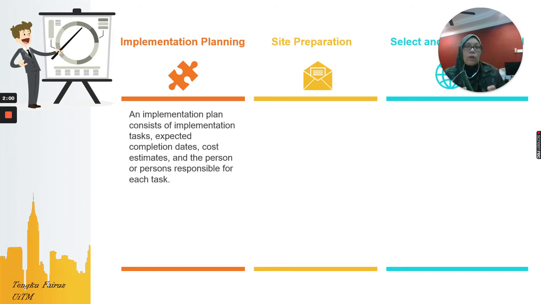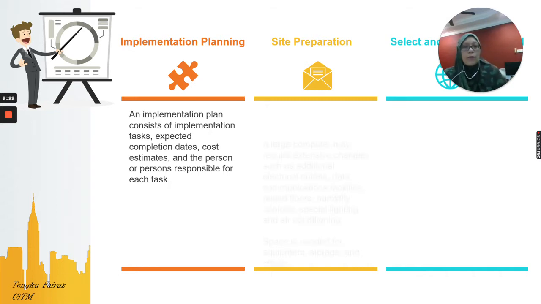So they need to know when to install hardware and software, whether they need to call a vendor, for example. So the installation of the network, maybe there is cost involved, or people that need to be given the task to install the network and so on. Okay, so they need to have proper planning for the installation.